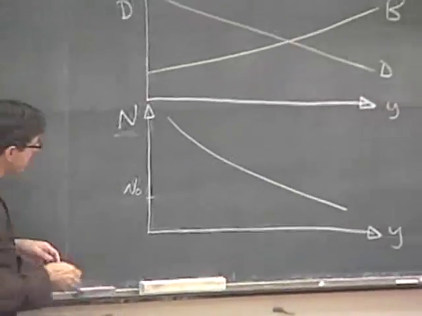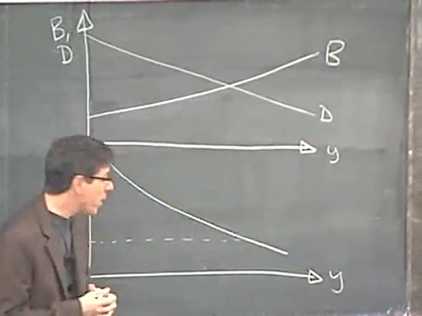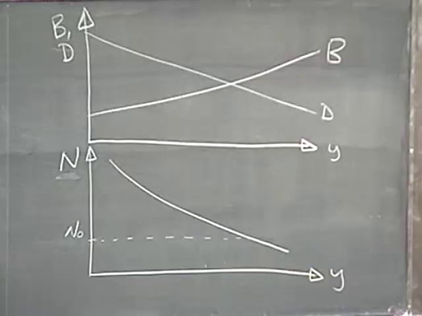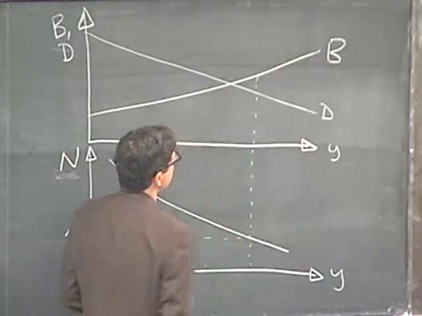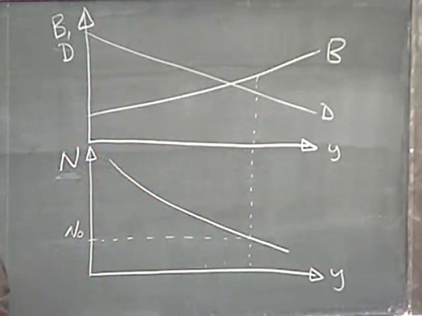What will happen in this society? Well, at that level of population, people are going to be living well. There's lots of land per person, and there's lots of output per person in this society. And because people are living well, what's going to happen is that the death rate in the society is going to be relatively low.